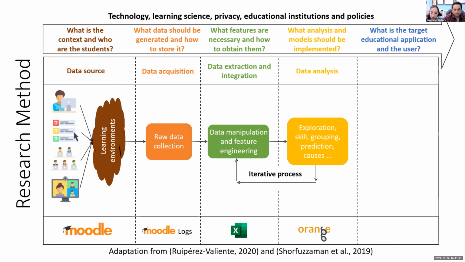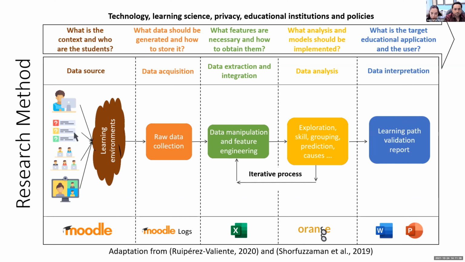The data and the model were explored, grouped, and predicted using Orange Biolab. The data was finally interpreted to write the report of the validity of the learning path using Word and PowerPoint.